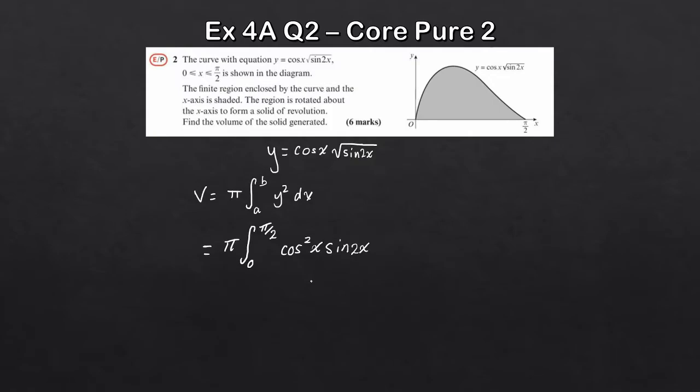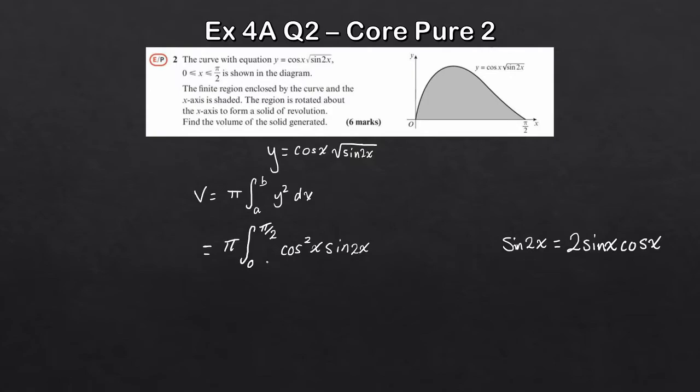So we need to now find the integral of this. So how would we do this? Well, this is a bit challenging to integrate at this point, but this is very common in this chapter. We're going to use some trig identities. So we've got the double angle formula for sine 2x. So we can write sine 2x as 2 sine x cos x.